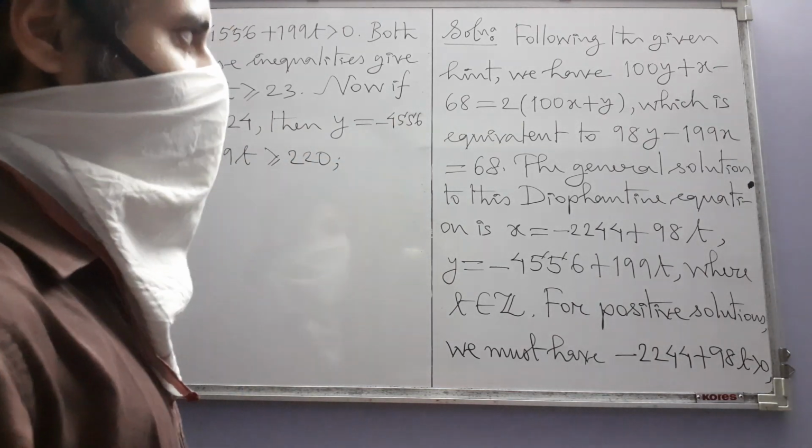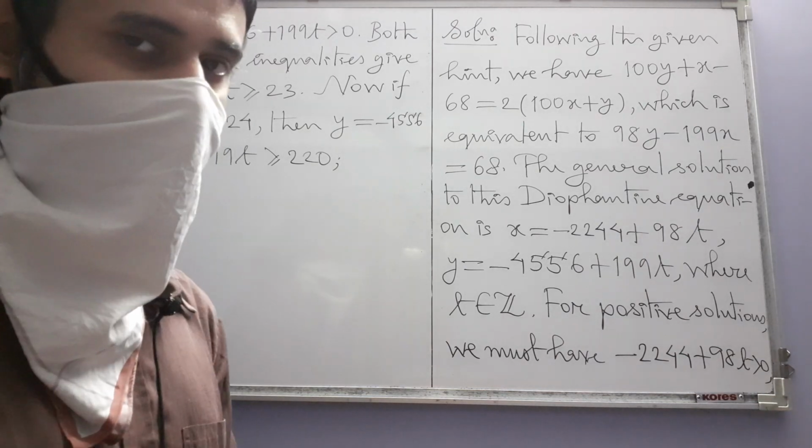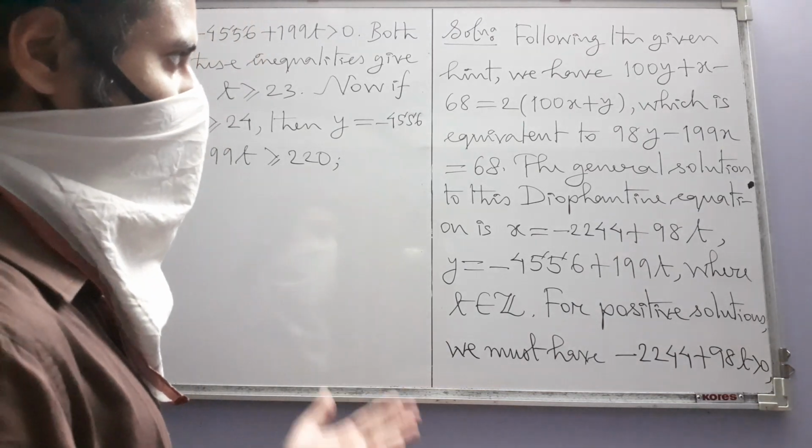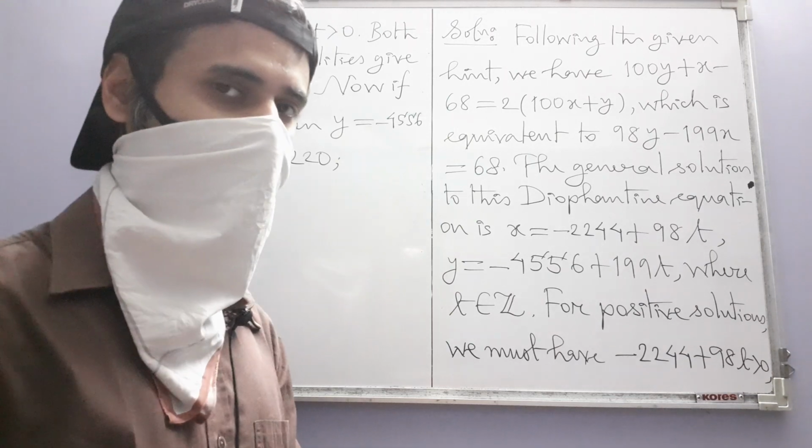But y was what? Y was the actual number of cents that was written by Mr. Smith on the check.